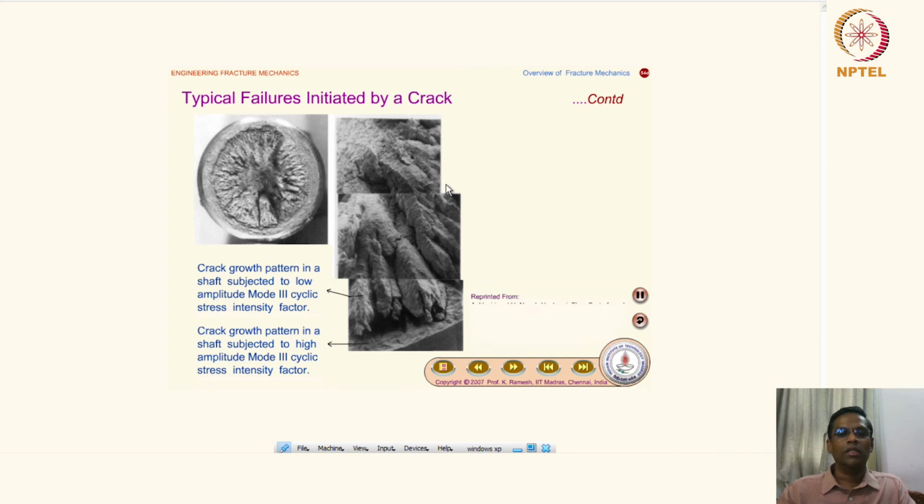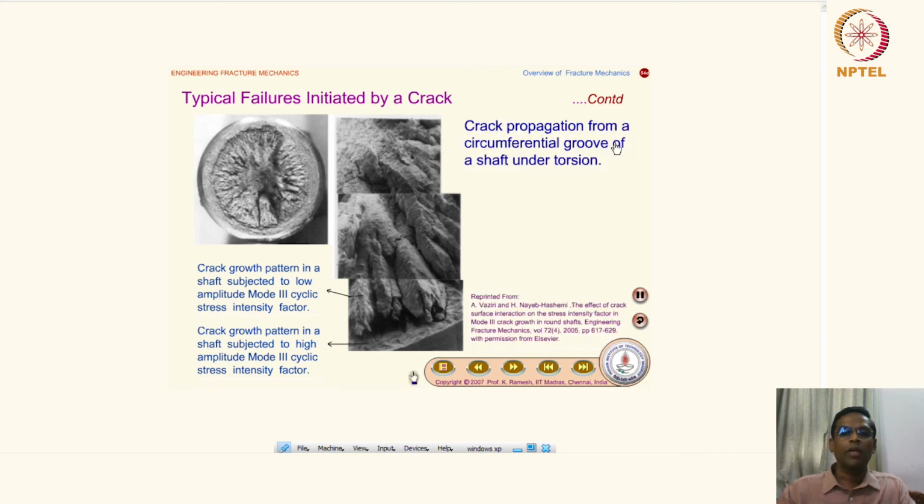So these are the crack propagation from a circumferential groove of a shaft under torsion. So we are now looking at a different type of failures. This is under torsion. You can see how the crack propagated. The crack growth pattern in a shaft subjected to low amplitude mode 3 cyclic stress intensity factor.